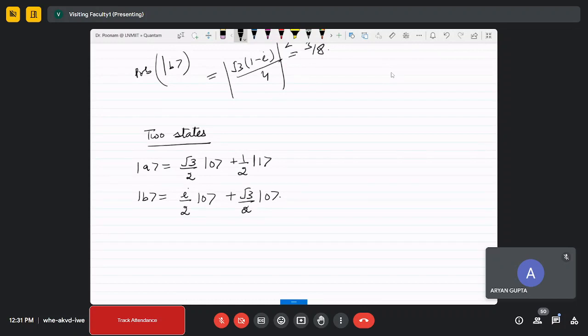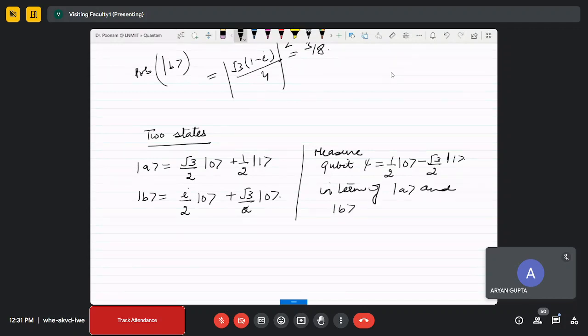And the question is, how can you measure qubit psi is equal to 1 in terms of A and B, and the second part of this was to measure probability in each. And I request you to try this question because it's a new thing.